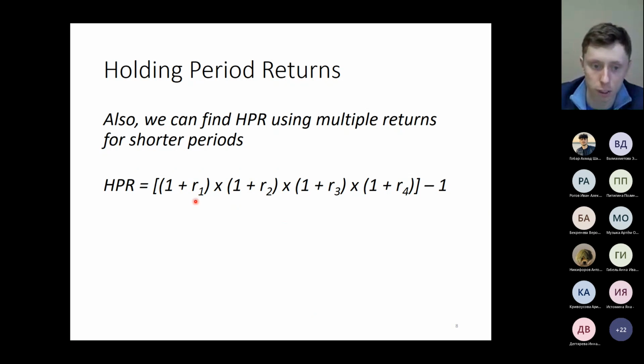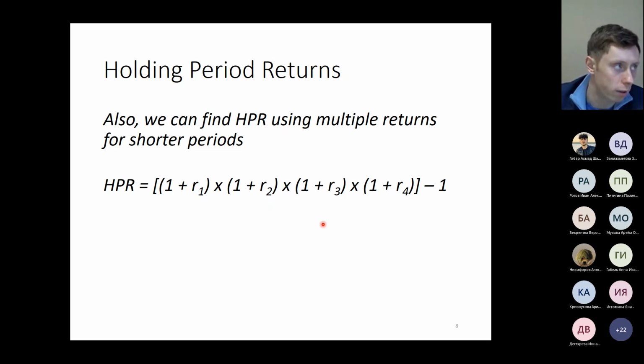So if each R on this picture represents the return for a quarter, then we would have returns for 4 quarters, and putting them all together, we will have the annual return. Make sure that you do not miss any return, otherwise you will have a wrong estimation. But you might have months, days, whatever.